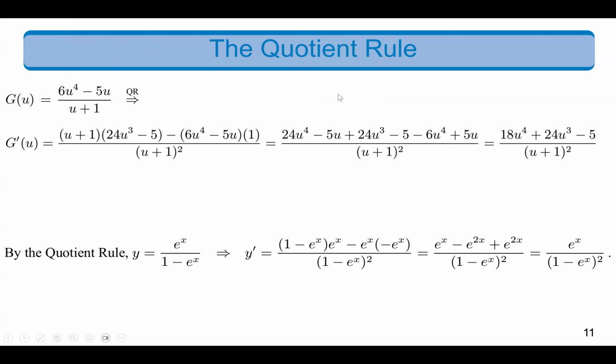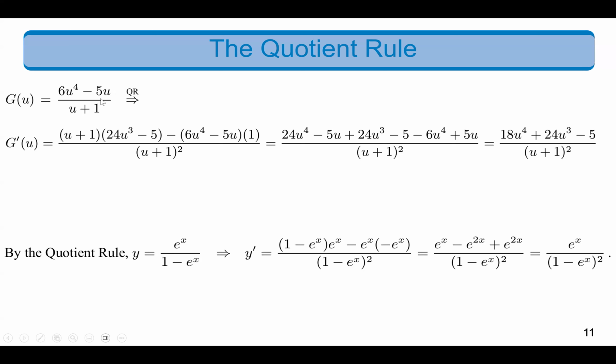So next is the quotient rule. With the quotient rule, let's start with an example here. I have 6u to the power 4 minus 5u over u plus 1. Now the rule says that here we have to be careful.